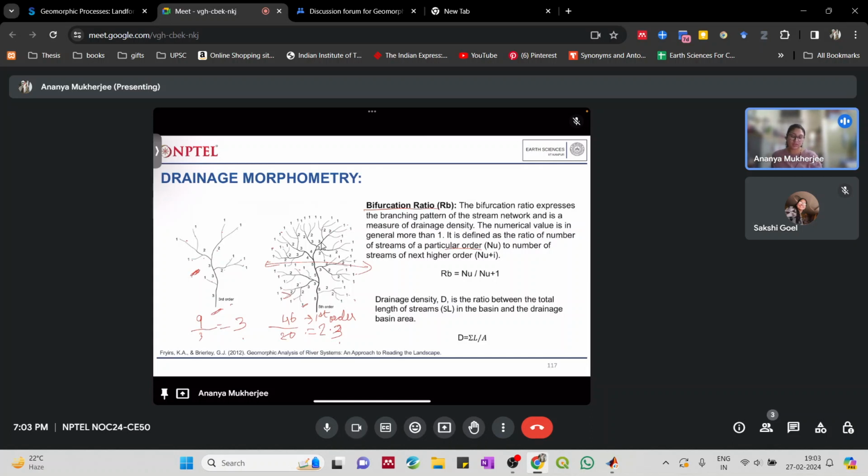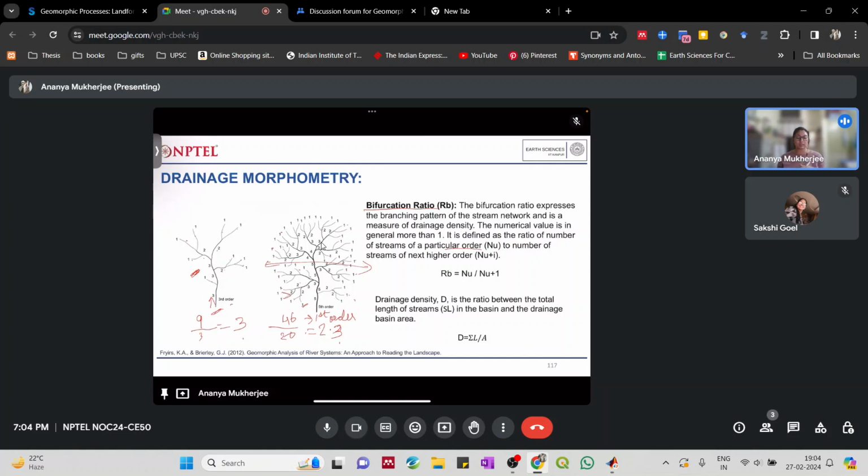Okay, so over here, if the discharge increases in this drainage basin, as we see that the lower order streams are much lesser in number, so the water cannot be held by these streams and it will flood the drainage basin itself.